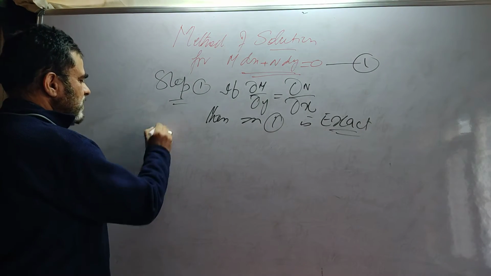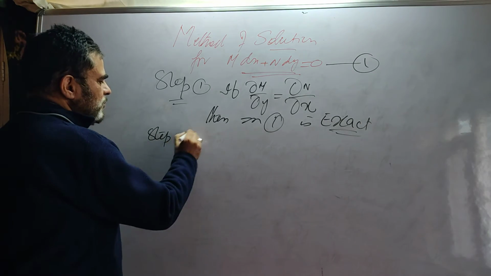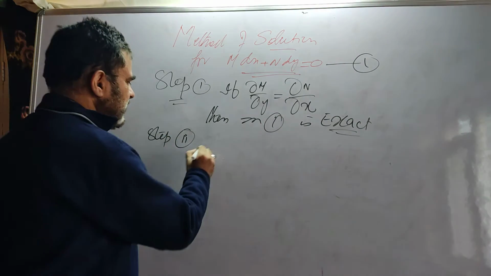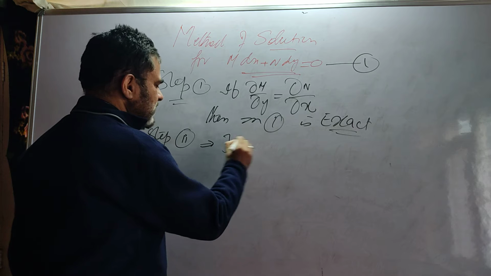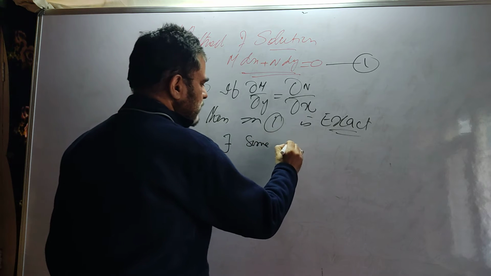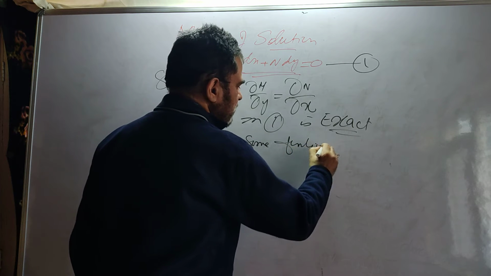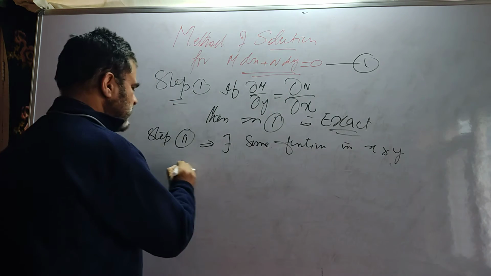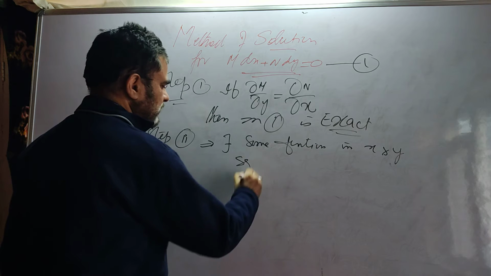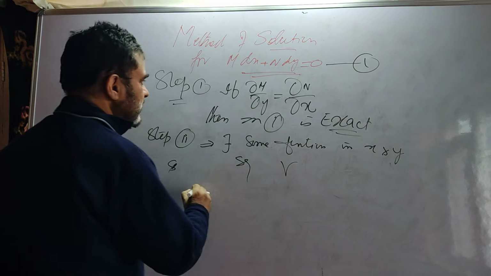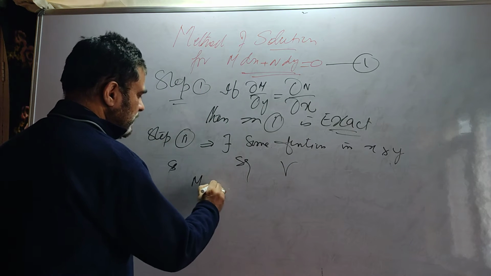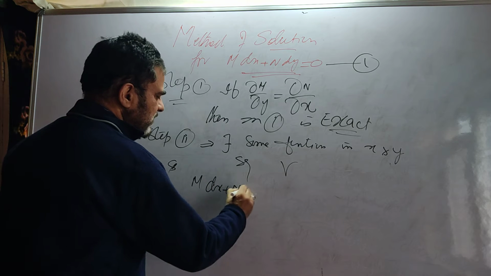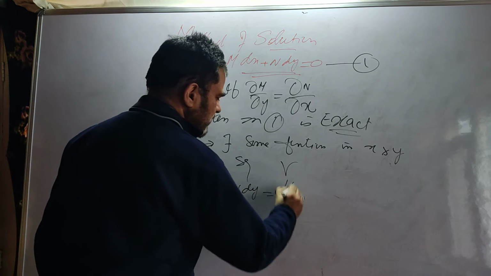Step number 2: when it is exact, this implies there exists some function of x and y, say v, such that M dx plus N dy is the total differential of v.